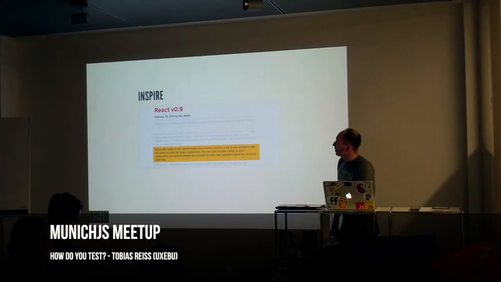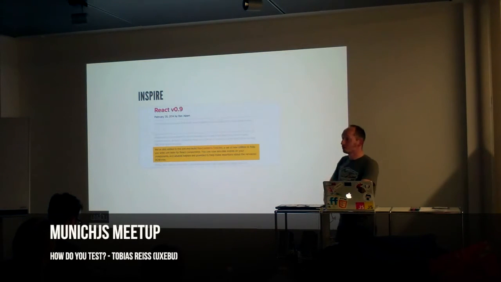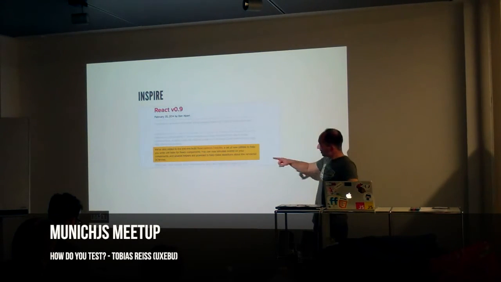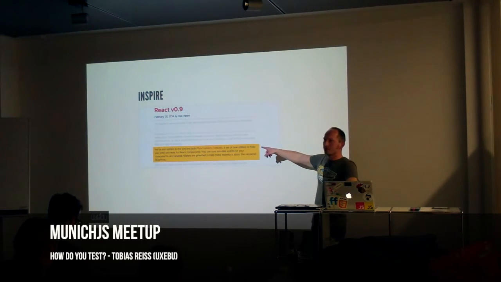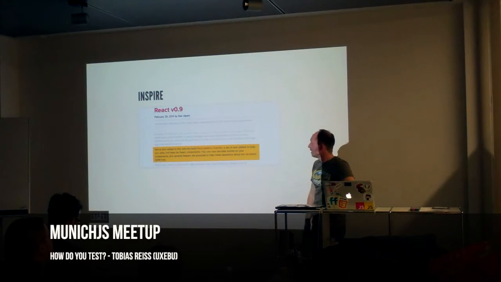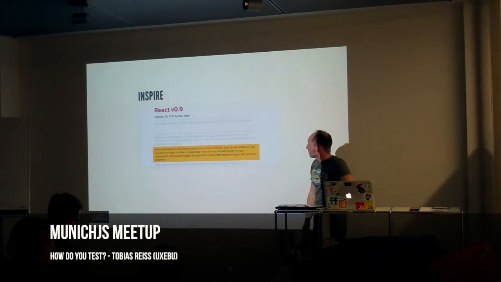Also, those libraries are very inspiring because we want to use the library and we see new ways, we see something happening. Those libraries now provide mocks. That also just happened lately: React added add-ons, the test utils.